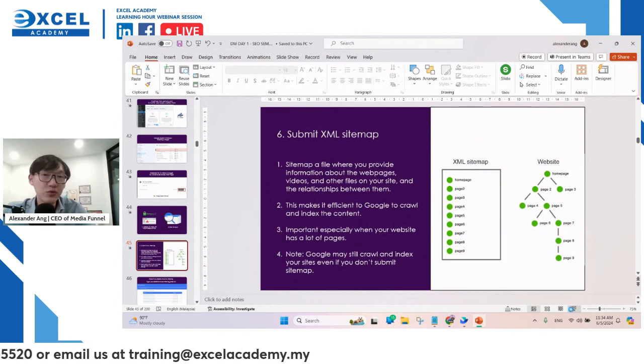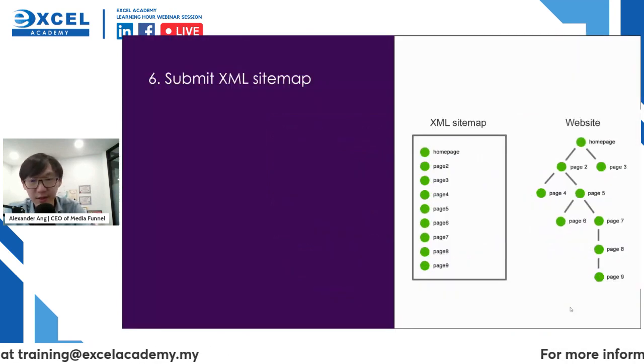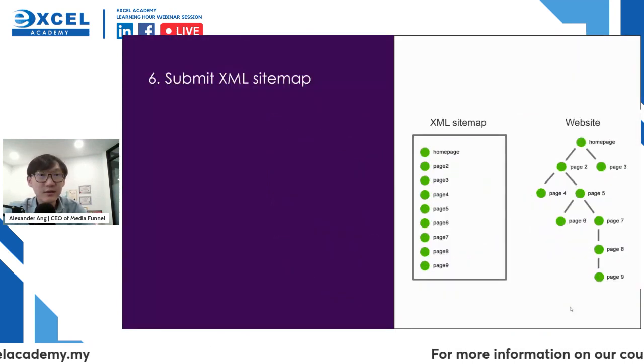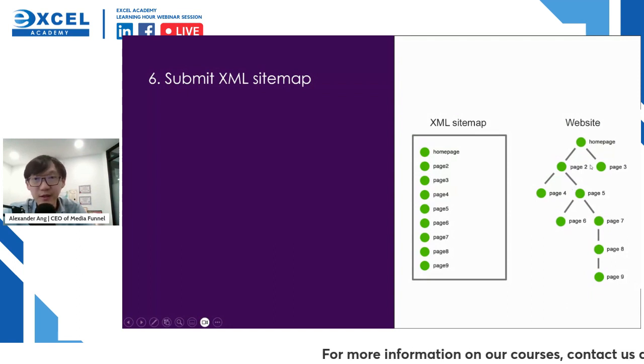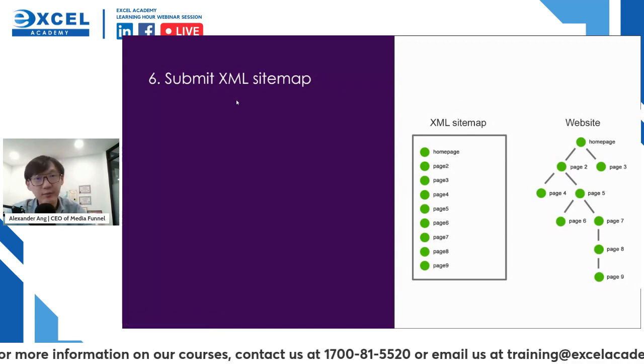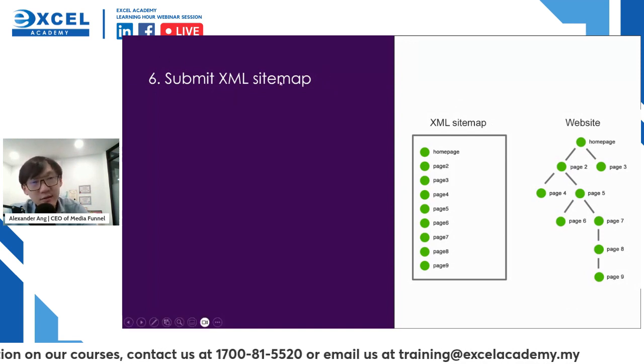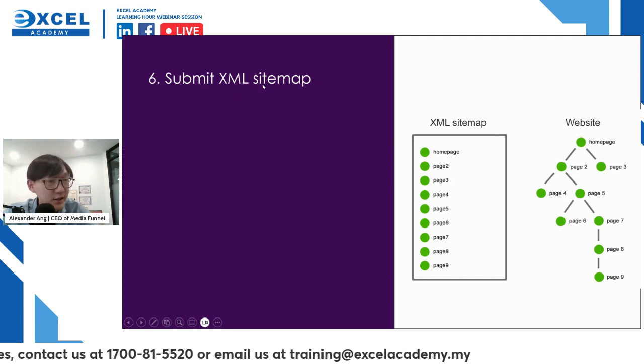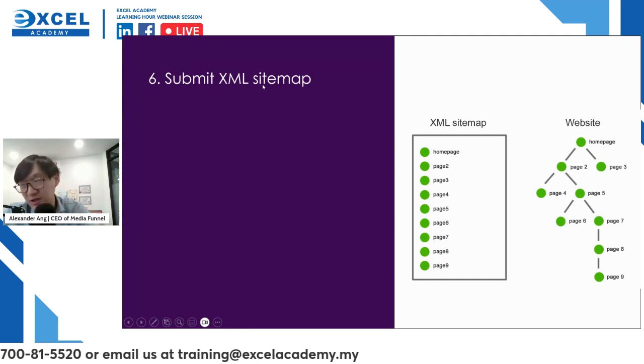Next one is to submit an XML sitemap. XML sitemap is where you tell Google, hey Google, this is my website, please come and have a look. This is optional. Not everyone needs to submit an XML sitemap.